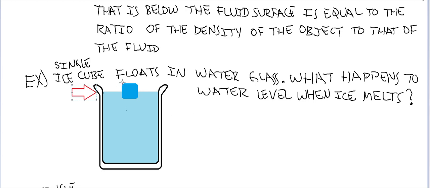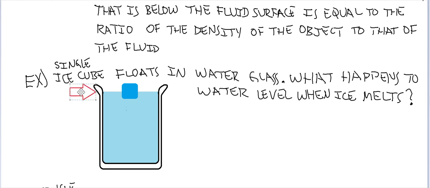And what I'm asking is, after this ice cube melts, is the water level going to go up? Is the water level going to go down? I'm going to ask you to pause here and try and think about what's going to happen when this ice cube has melted.